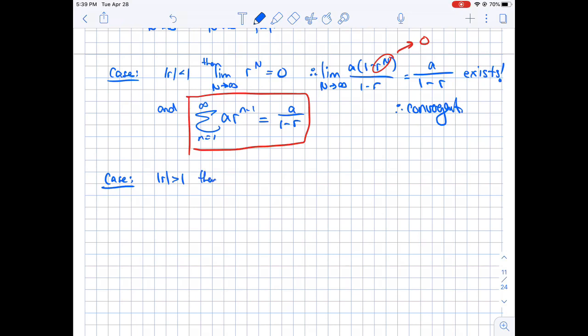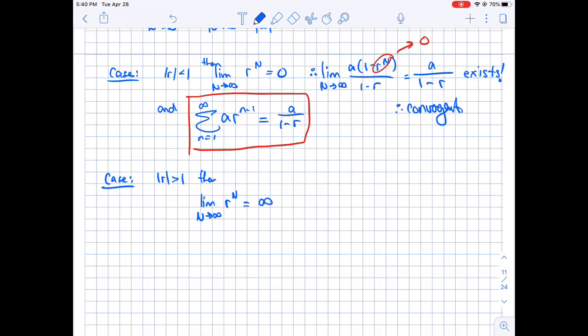Well, then we can take the limit again as capital N goes to infinity of r to the power of n. And now every time I take my value of r, let's suppose r is larger than 1, and I multiply r by itself over and over and over again, that limit is just going to continue to increase. It's going to increase without bound, and so this limit is going to be divergent.